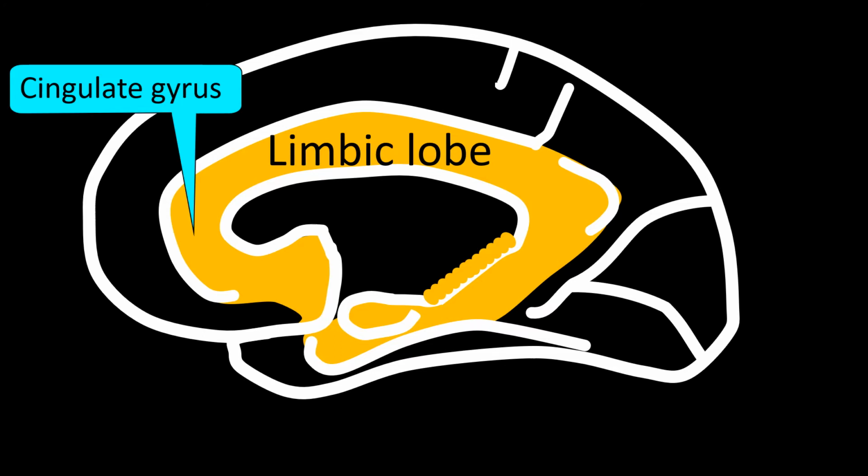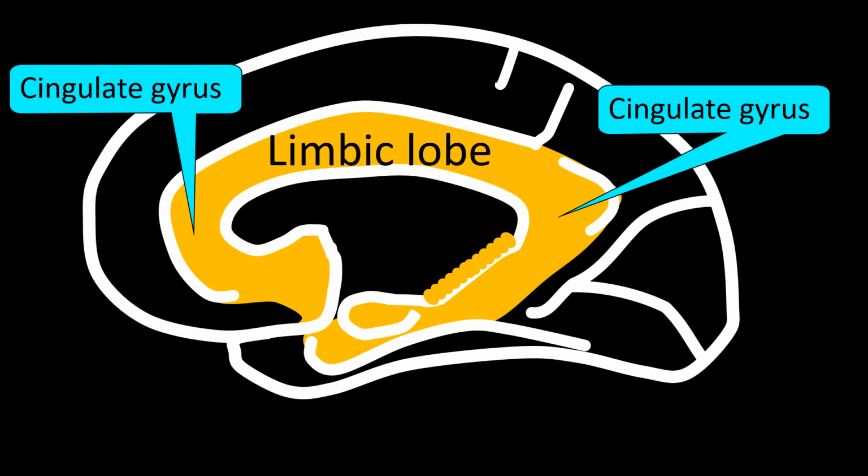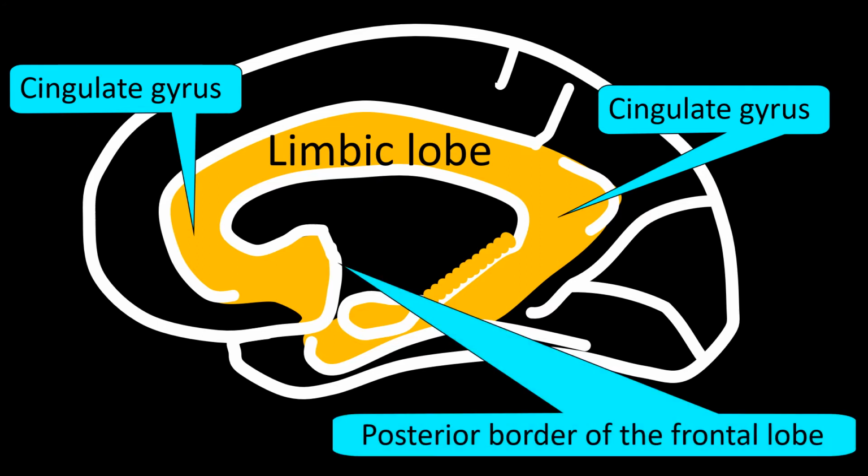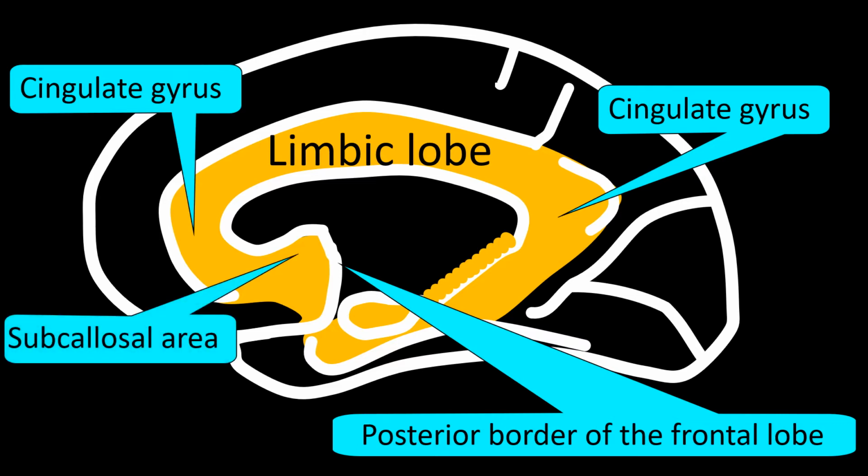Anteriorly, we have the cingulate gyrus, which extends all the way to the back, and going towards the front all the way down to the posterior border of the frontal lobe, which we have indicated in the past. This area is called the subcallosal area.